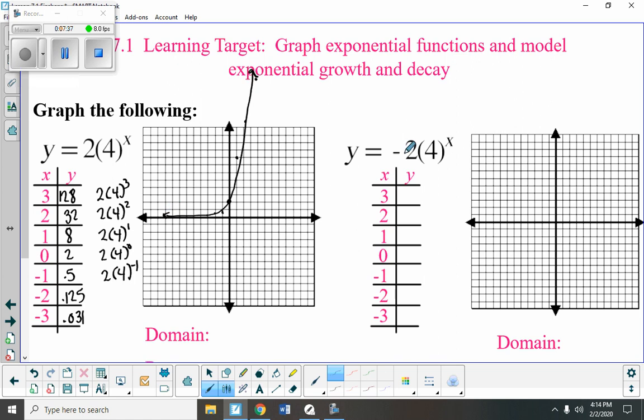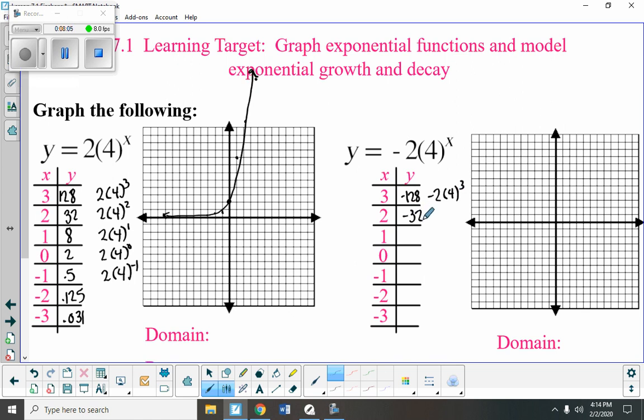Now notice we have -2 times 4 to the x. So again, we can plug this in our calculator. And then we just have to go in and arrow up and change it to make this process fast. So we get -128. Arrow back and change it to a 2, the input. -32.